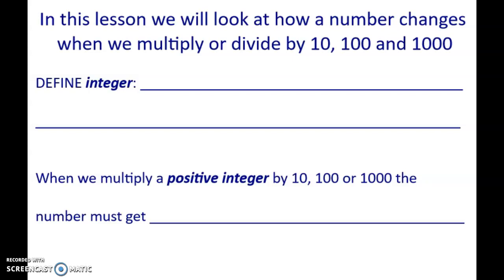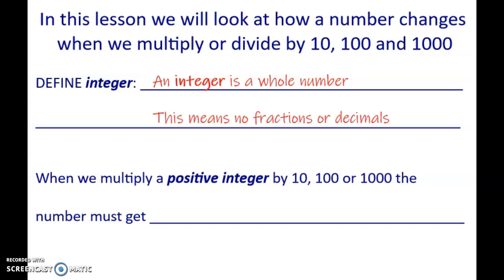Okay, let's have a look if you were correct. What did you say was the definition of an integer? What does the word integer mean? An integer is a whole number. Did you get that right? Well done. That means that it can have no fractions or decimals in the number.